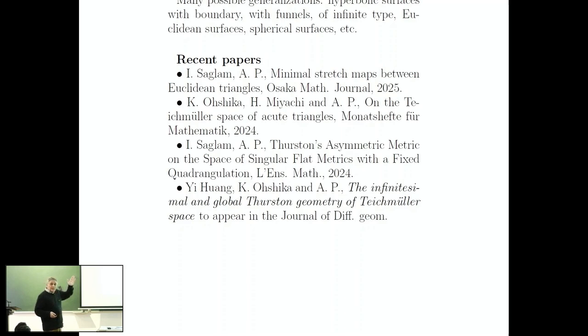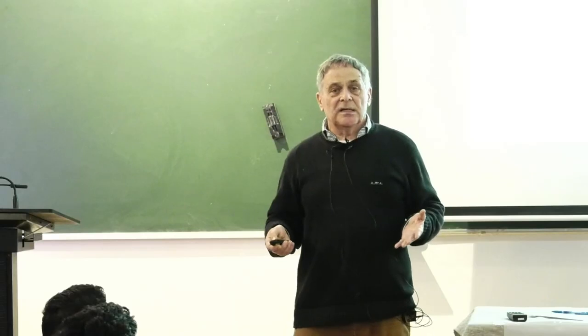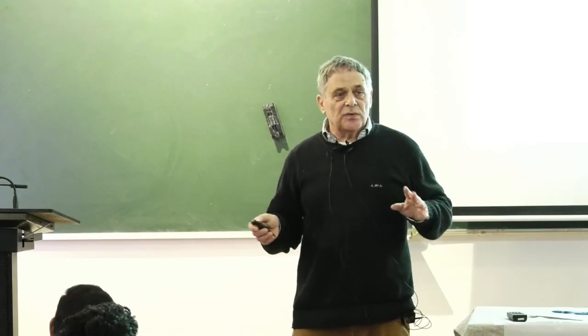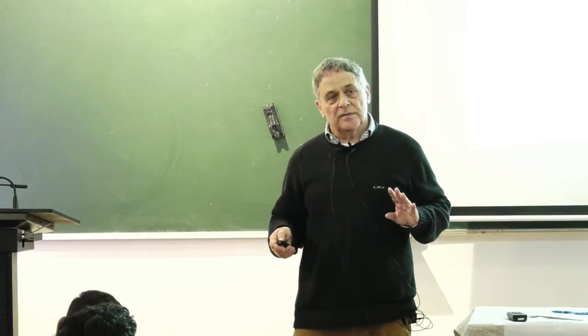This is the first paper I wrote on this, with a Turkish postdoc who came to work with me, and it turns out that this theory works well for acute triangles. If you take all the triangles in the plane, including the non-acute triangles, then there are several questions which we don't know how to solve.